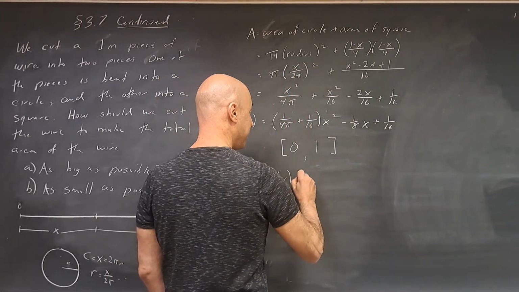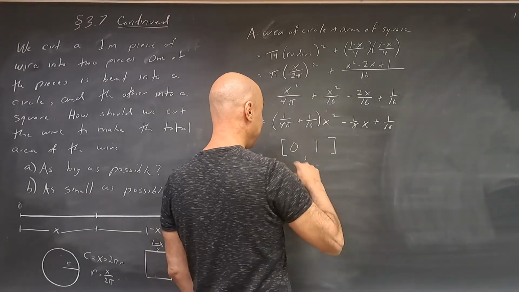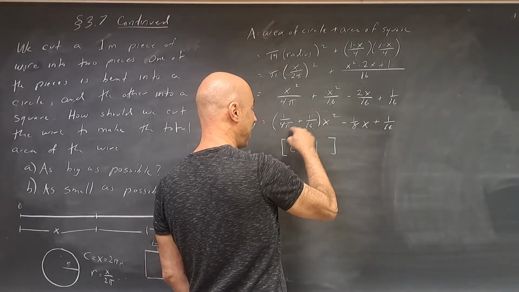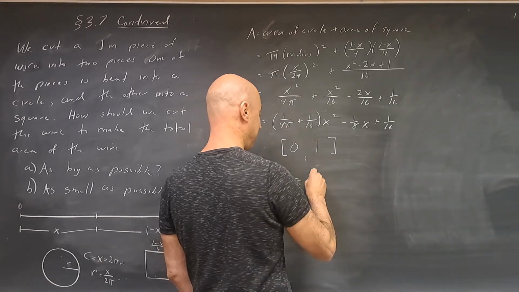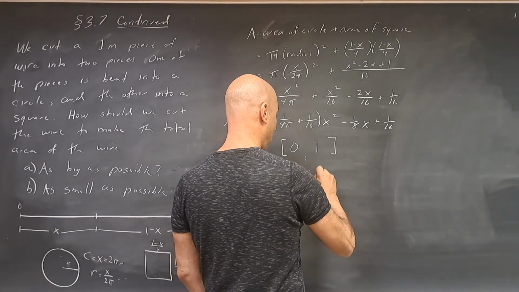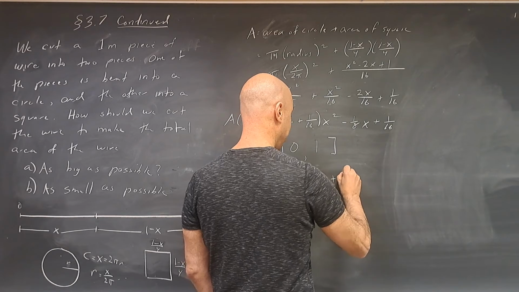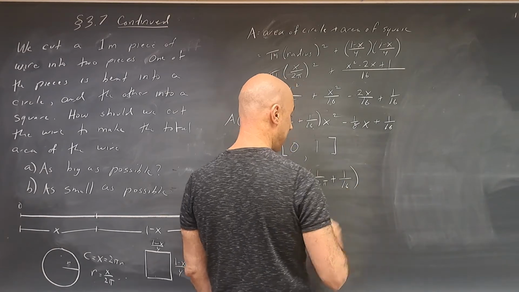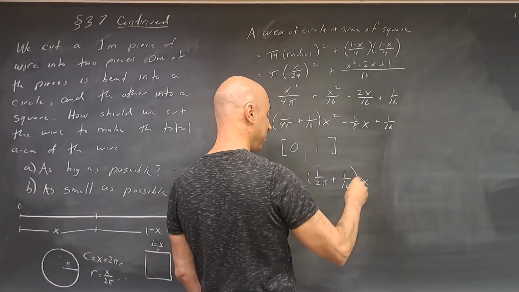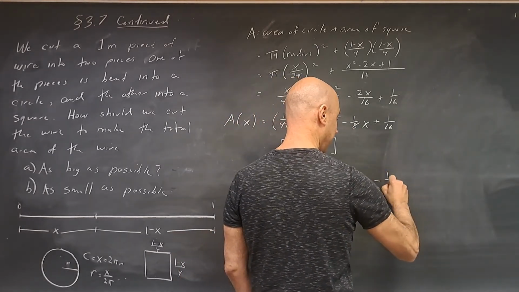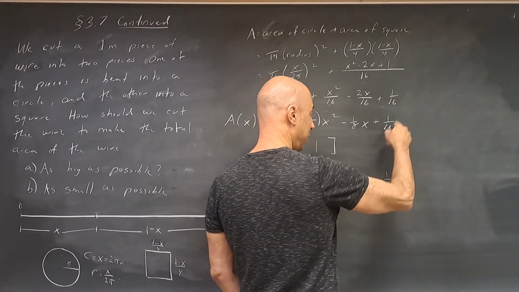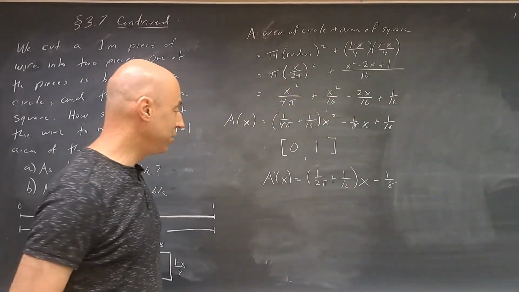A prime of x. The 2 comes down and multiplies those two fractions. I'm going to do the multiplication. 2 times 1 over 4 is 1/2. So this is just 1 over 2 pi plus 1/16 times x. The 2 comes down, times x to the 1. And then minus 1/8 x to the 0, plus the derivative of a constant, which is 0.